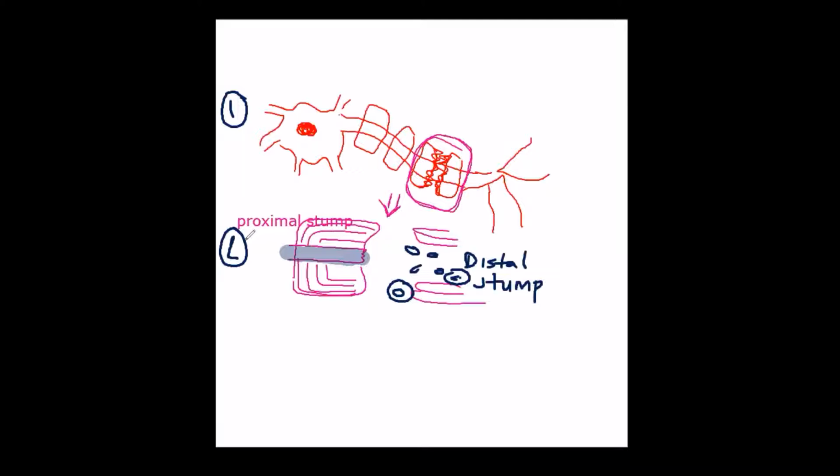So for step 3, you're going to have our immune system come into play here. And this is where we have our macrophages come in. So I'm going to draw that in a different color so you can see. So we're going to have our macrophages come in here in green, and they're going to help clean up this area. They're going to clean up the distal stump.